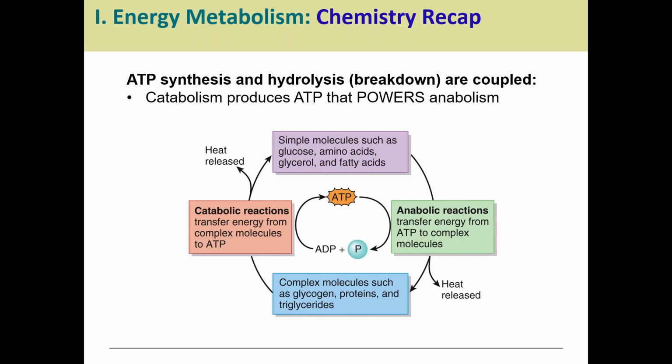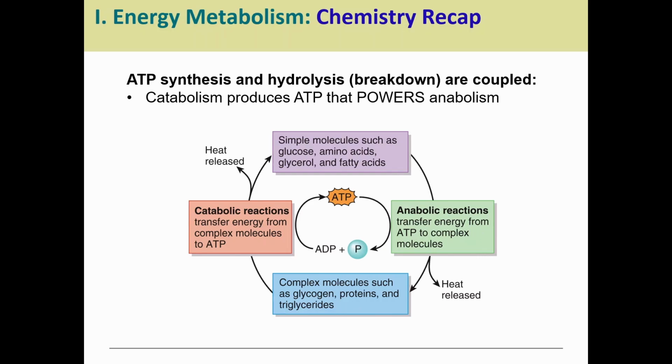So we can see that ATP is used with these hydrolysis and dehydration synthesis reactions. Let's say we're looking at some simple molecules like glucose and whatever else is listed here as well. We can break ATP down, and the release of that energy from ATP can give us what we need to go through an anabolic reaction, right?